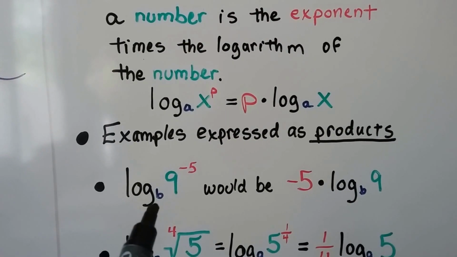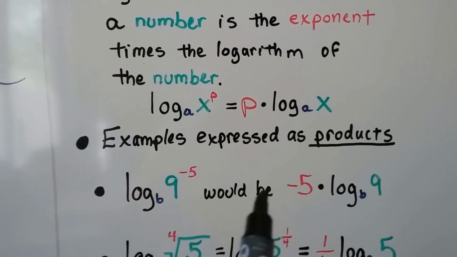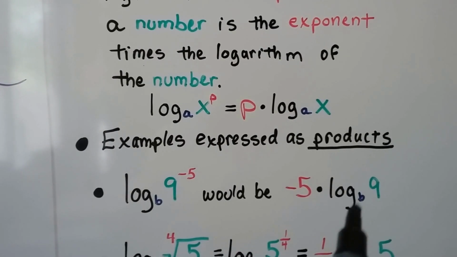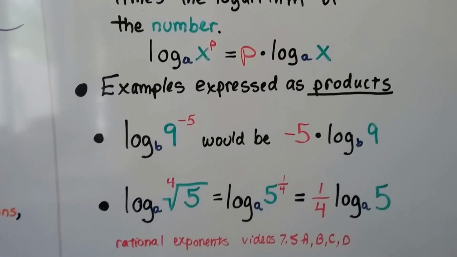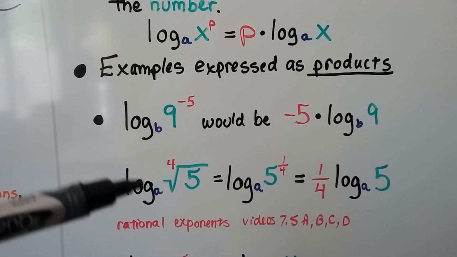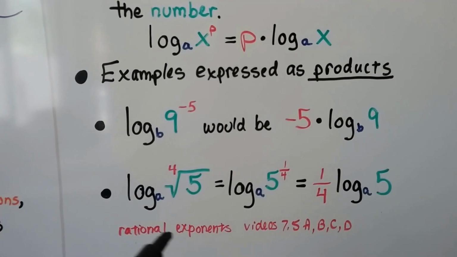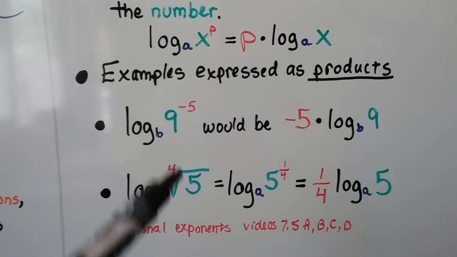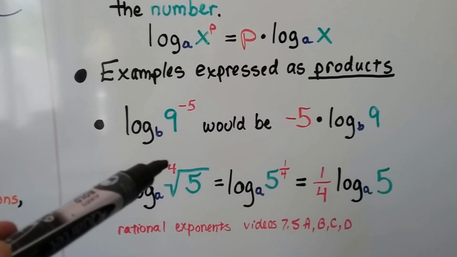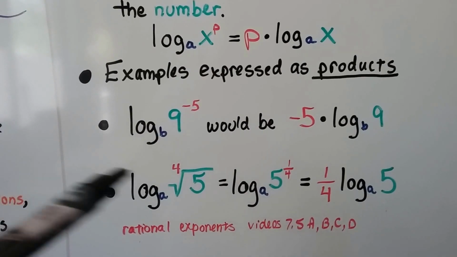We have log base b of 9 to the negative 5th power. It would equal negative 5 times log base b of 9. And if we see something like this, we've got log base a, and we've got a rational exponent here. Now, if you remember from 7.5a, b, c, and d, we talked about what happens when this index out here is not a 2, which would be a square root.